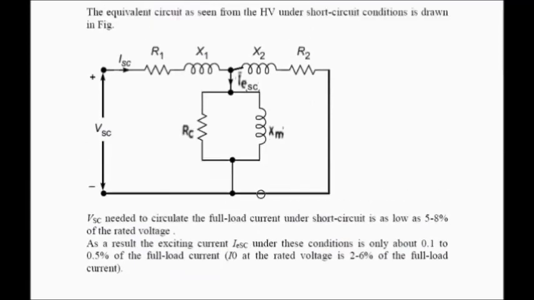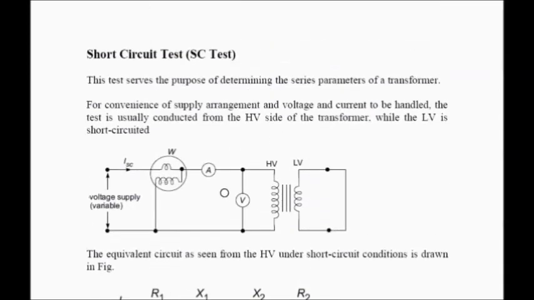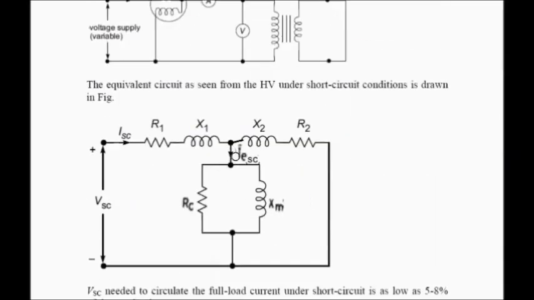And why is the main contribution of the wattmeter due to I square R loss? See, in the short circuit test this IESC is very small, hence the I square R loss due to this will be very small compared to the I square R loss of this.